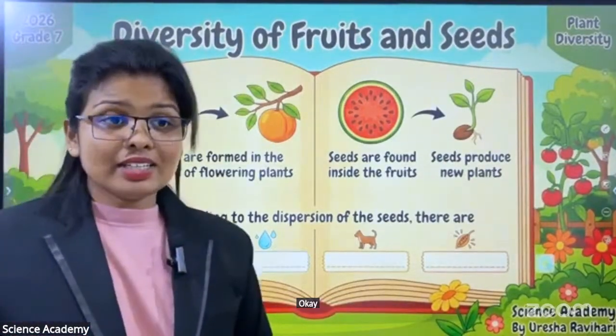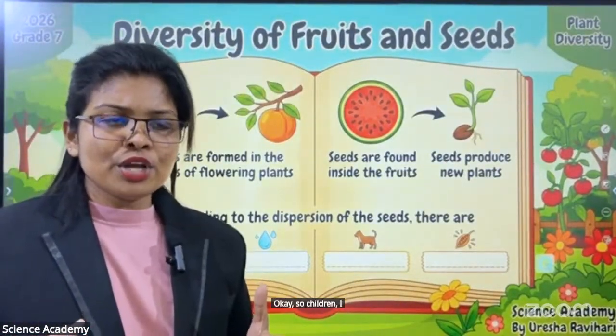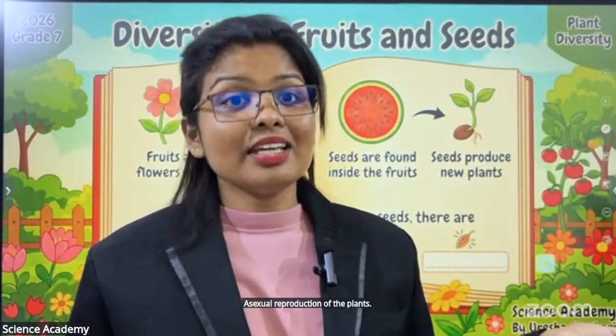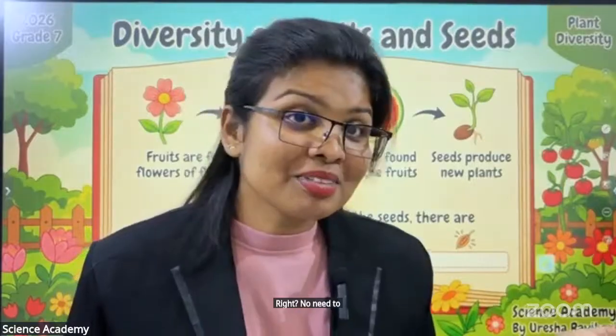Okay, so children, I was explaining that using stems, roots, leaves, we can get a new plant. No seed formation. That is called asexual reproduction of plants. No need to form any seed.